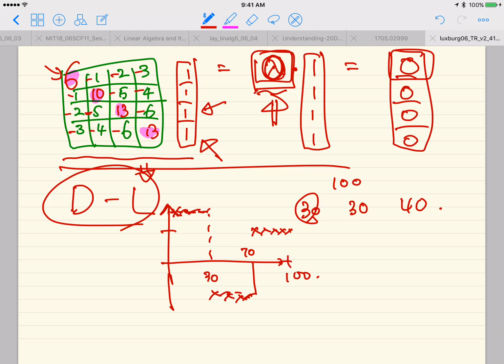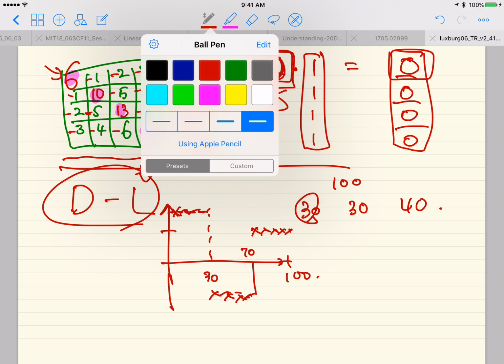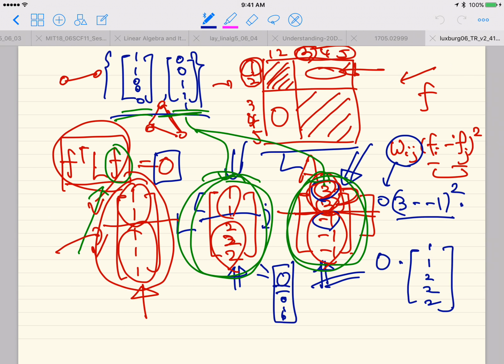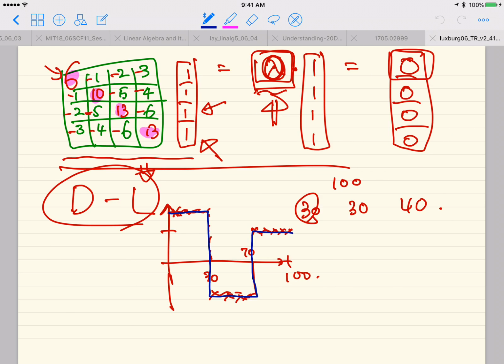So if you draw one eigenvector, the graph will be something like this. This is nothing but this 3, 3, minus 1, minus 1, minus 1, and 1, 1, 2, 2, 2, and so on, right? So one eigenvector could be this, and the other eigenvector could be something like this, and so on, right?